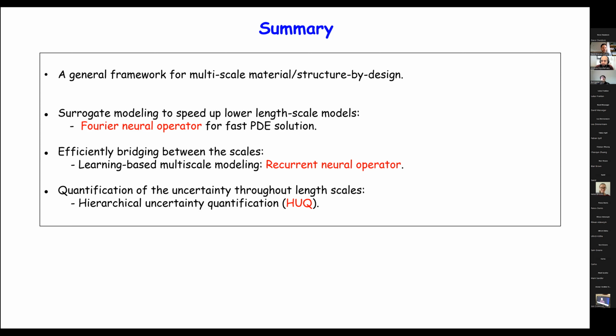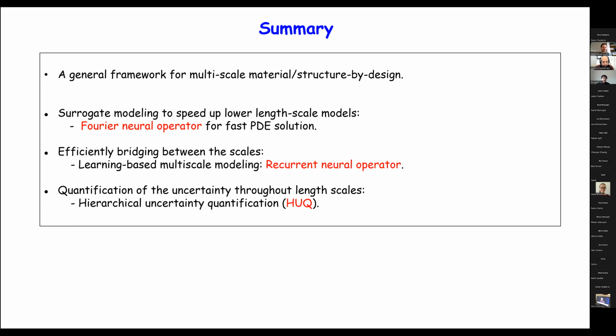In terms of how we can efficiently bridge between the scales, we have introduced recurrent neural operators that can not only provide us with an efficient surrogate model, but also give us some indication of what we are learning, the hidden state variables and their evolution laws.